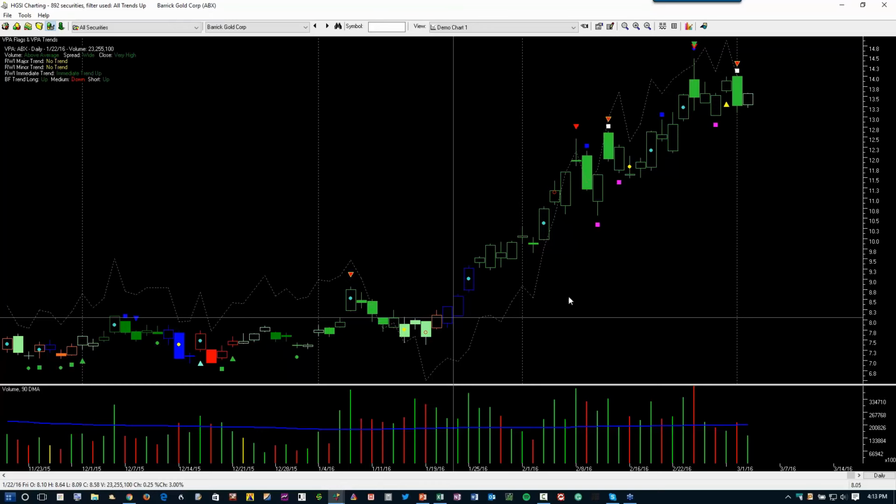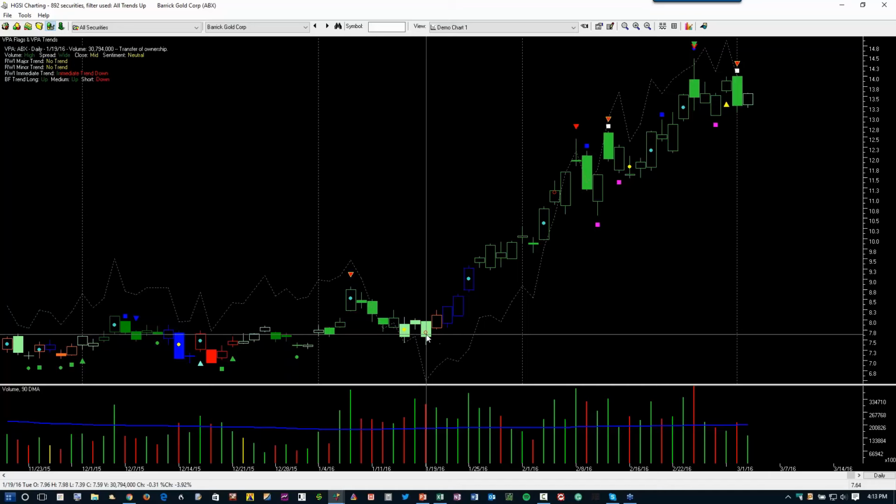Okay, Stephen put a question up. If signals are significant flags, what do we need flags for? The flags, who knows what's significant, Stephen? The flags all indicate an event where the criteria was met based upon price and volume. Like this down here, as I referred to, the transfer of ownership.